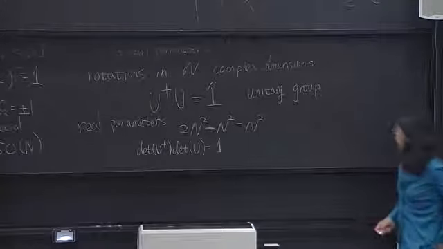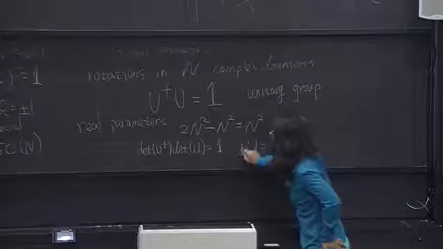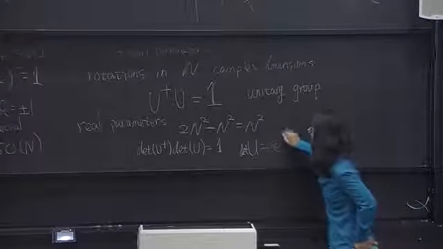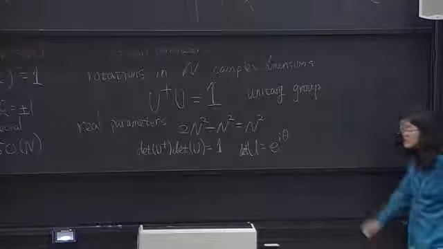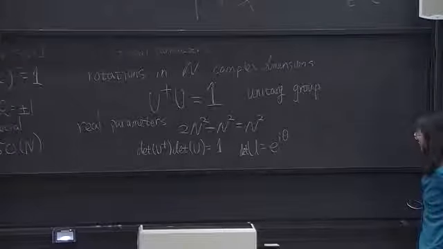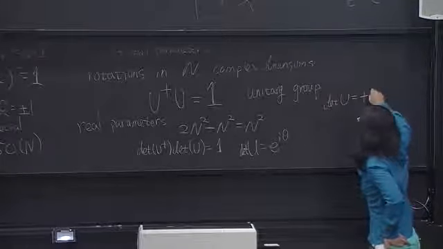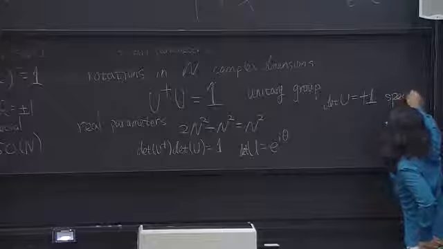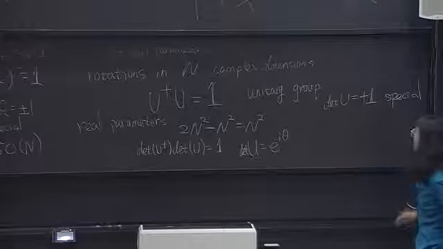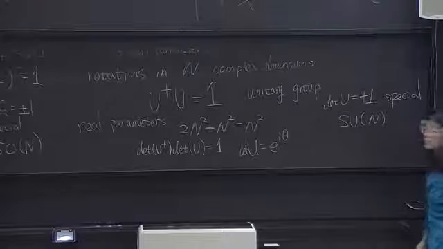And now, this one has not just plus or minus 1 as solution. Now it has the U1 as solution. So your determinant can be anything that has modulo 1. But nevertheless, we decide to claim if it's plus 1, then it's special. In this way, we can divide this U1 subgroup away, and we obtain the special unitary group, SUN.